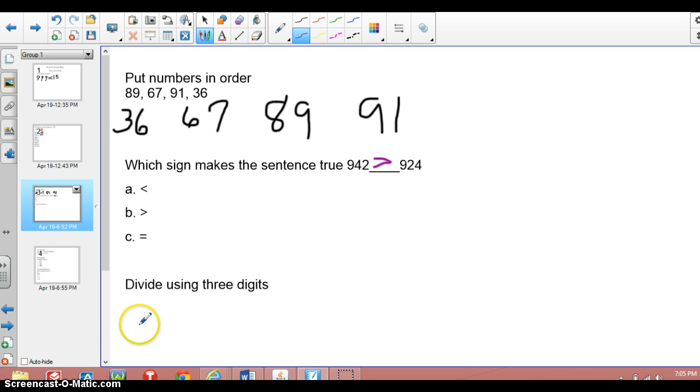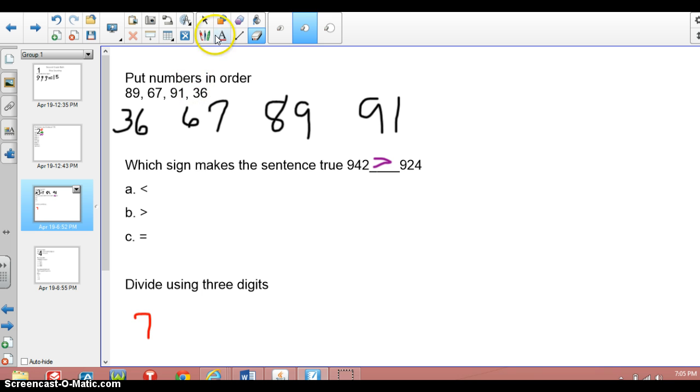Now, here we're going to do some dividing three-digit numbers. I have a math problem that you can write out in teaching the students how to divide using 3 digits. So I'm going to do 7 divided by, oh, that's not good. Let's erase this.